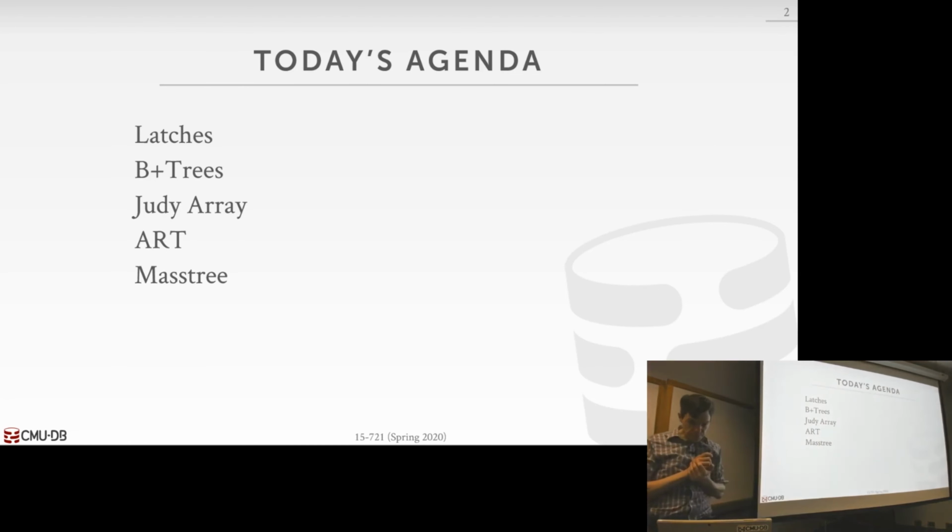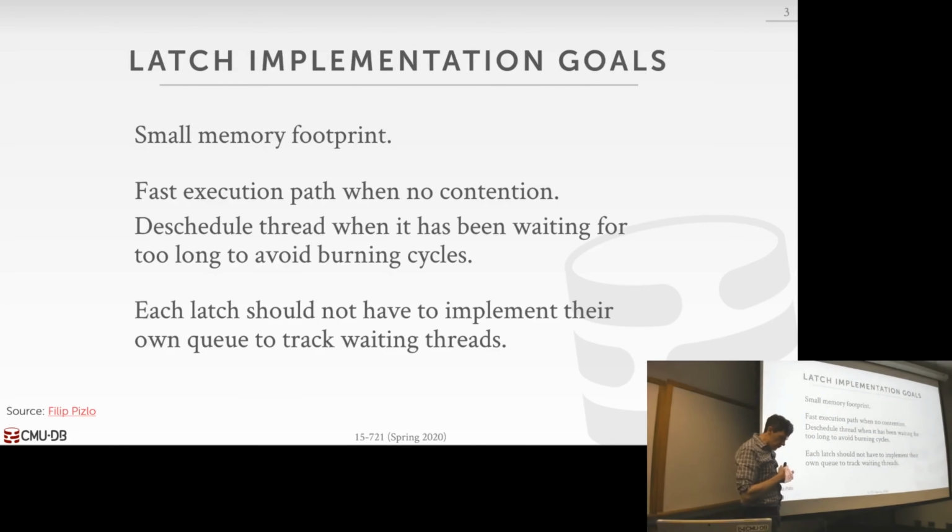Okay? All right, so recall from the introduction class when we discussed the difference between locks and latches, that locks were a logical concept in a database system meant to protect entities within the database itself, like we can take locks on tables, tuples, blocks of tuples, or the entire database.